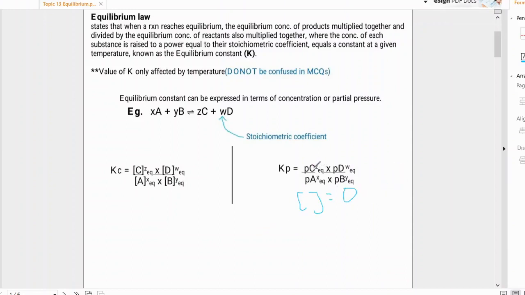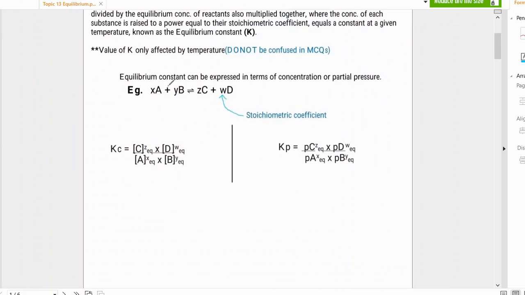You can include this bracket here, but P must always be in front, but not square bracket here. And these were the coefficients, and each of these substances is raised to the power of its coefficient.